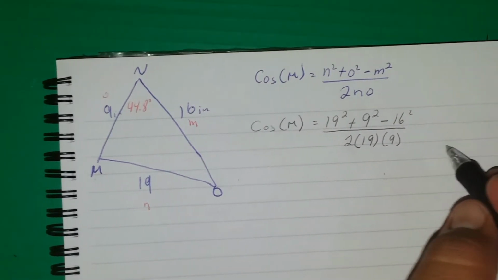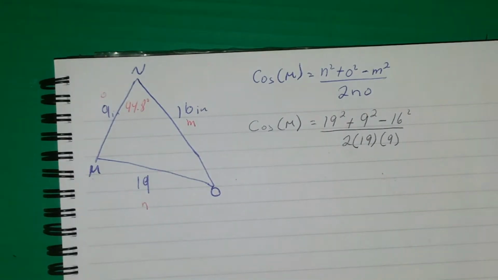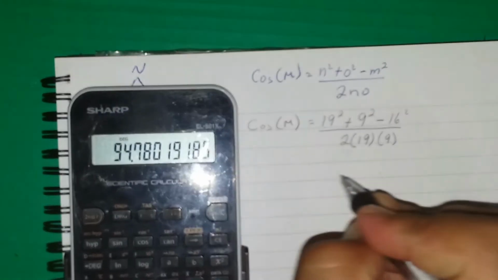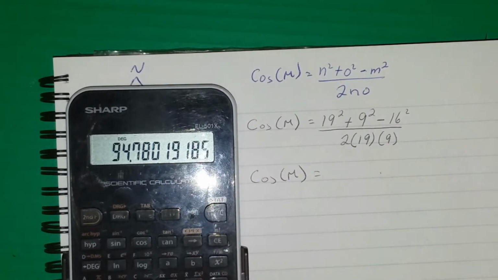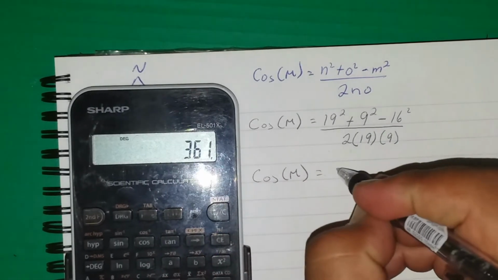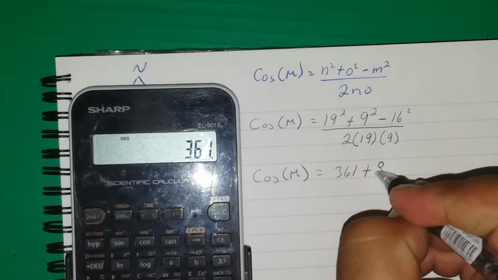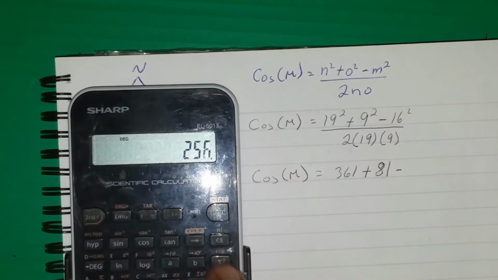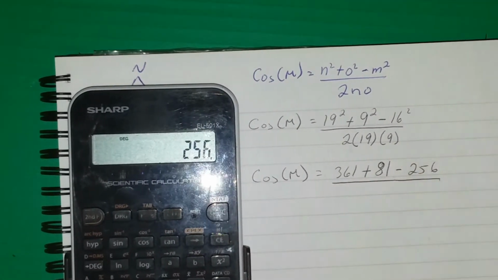We're going to use our calculator to solve this, add up this piece right here. So we're going to say cosine of m equals, what is 19 squared? That is 361 plus 9 times 9 is 81 minus 16 squared, that's going to be 256, divided by, and in this case we could multiply that.